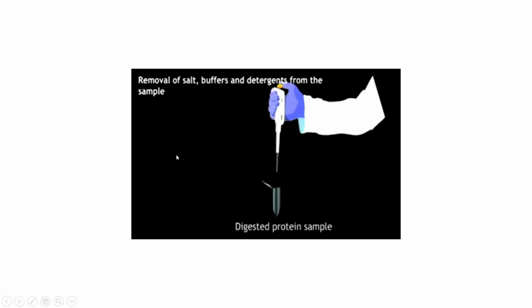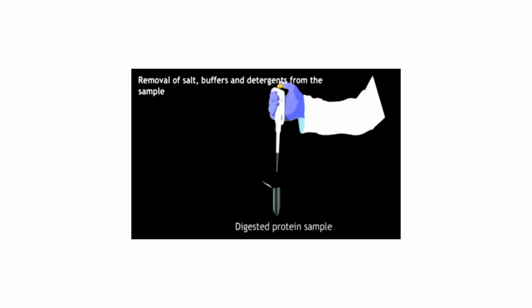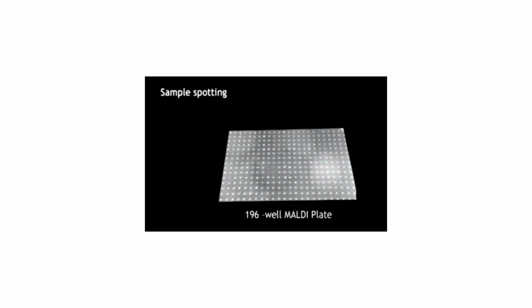After you have the digested protein, you remove whatever salts, buffers, and detergents you have used in order to lyse it. You just remove all of them. And now you have the sample. To that sample you add the matrix as well, as it is a matrix associated laser desorption ionization technique. We'll talk about what different matrices are available.